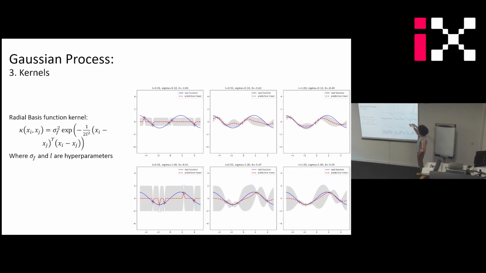Whereas once you go to a slightly higher length scale, that increases the correlation between the different points, and we get a visually better fit, and we're also restricting the space of functions that the Gaussian process would take. So these hyperparameters are controlling some bias-variance trade-off.